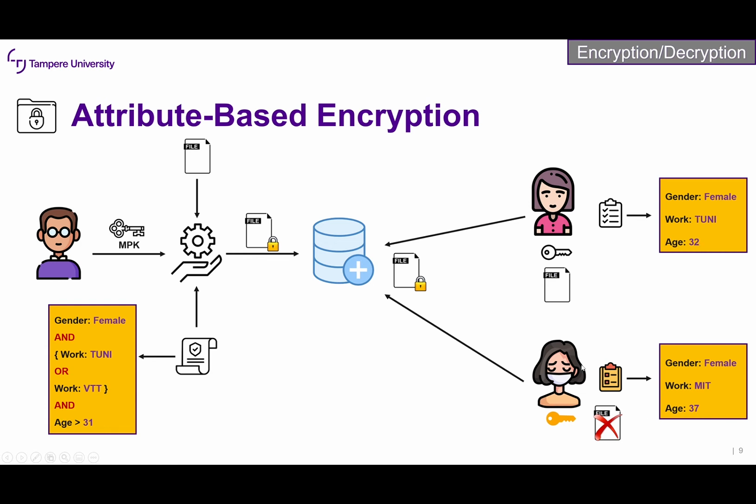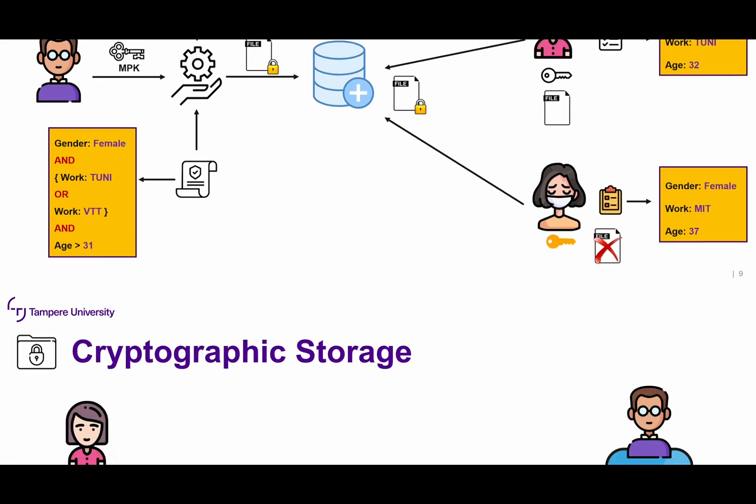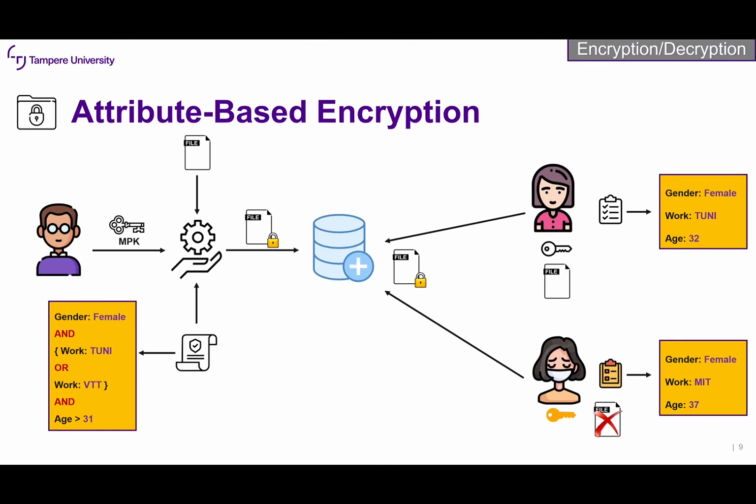While in the case of our friend here, the attributes on her key do not satisfy the policy, because yes, she is a female, she is over 31 years old, but she works at MIT, not at Tuni or VTT. Therefore, her key will not work here. So she will not be able to decrypt that ciphertext with her key, while Alice, with her key, managed to recover the file, right? So you see what I mean, that with different keys we can decrypt the same file, right? Which is amazing.